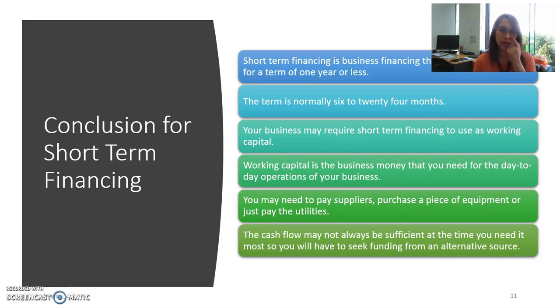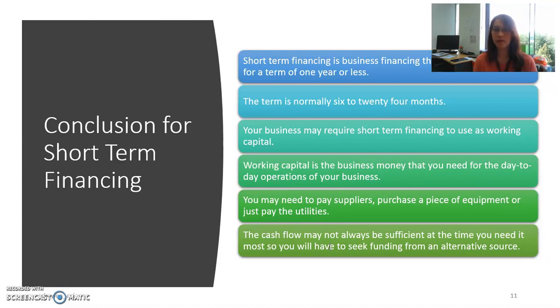Now, what then would be short-term financing? It can be obtained for at least a year or less than a year. The term is normally 6 to 24 months. A business may require short-term financing to use as working capital. What we said was making funds available for the day-to-day operations of the company, so that's your working capital.